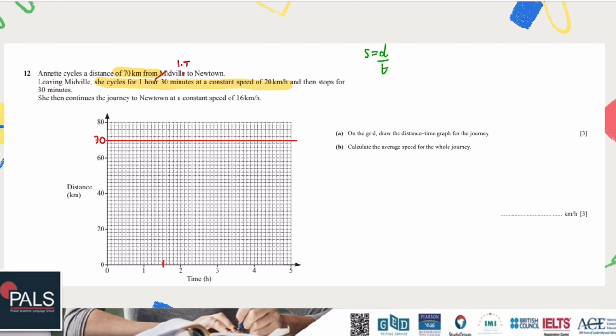So what is the distance? 1.5, this is the time, right? And 20 equal to d over 1.5, so d equals 30 kilometers. So 30 kilometers here.